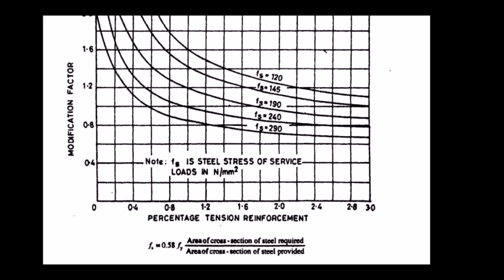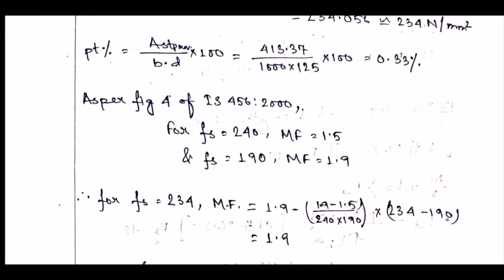And for Fs 190 we can assume the value of the modification factor is 1.9. So now we have these two values. From these values we have to find out the modification factor for Fs 234. On your screen you can see our findings as per figure 4 of IS 456 2000: for Fs 240 the modification factor is 1.5 and for Fs 190 it is 1.9.